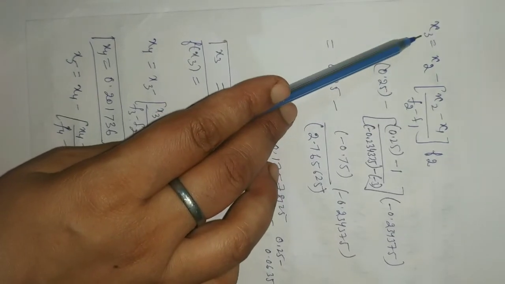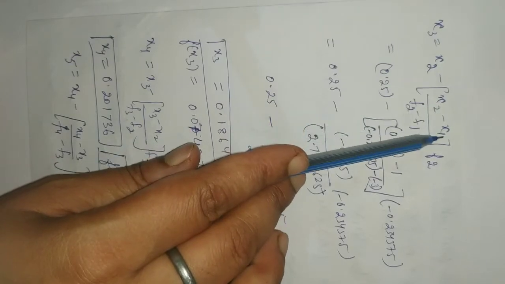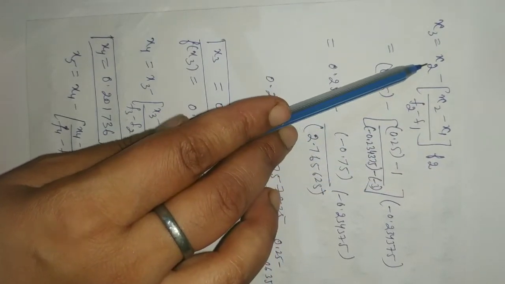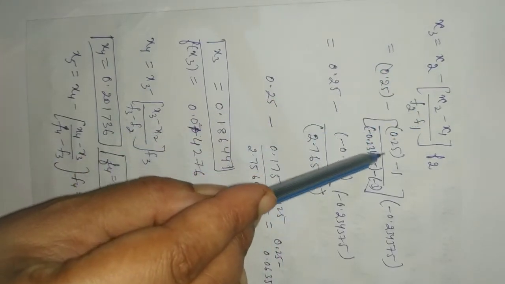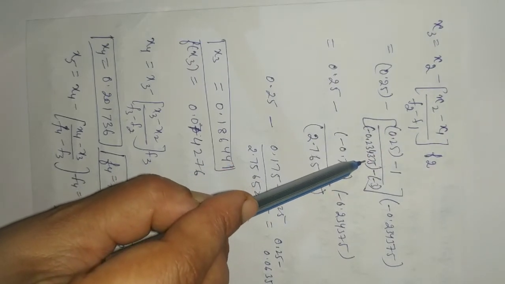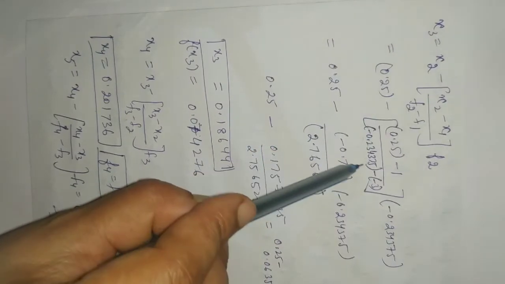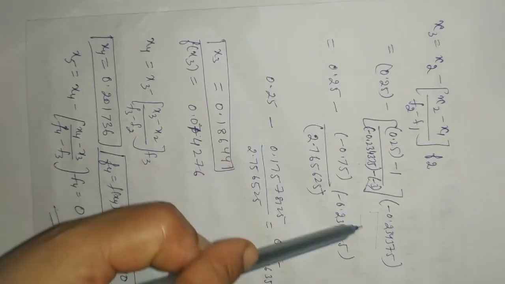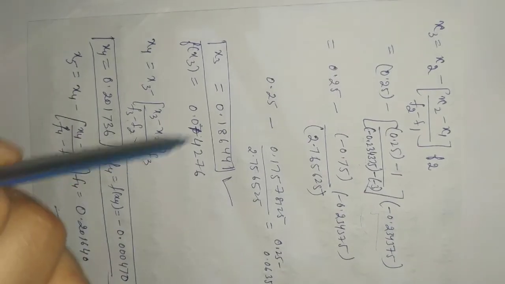So x3 is equal to x2 minus (x2 minus x1) over (f2 minus f1), multiplied by f2. Substitute the respective values: x2 is 0.25, x1 is 1, f2 is minus 0.234375, which we calculated, and f1 is minus 3. After calculating, we get the value of x3.